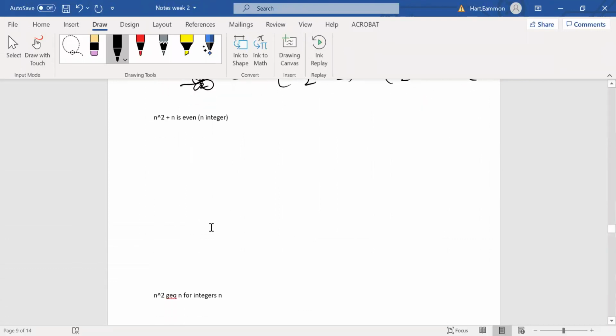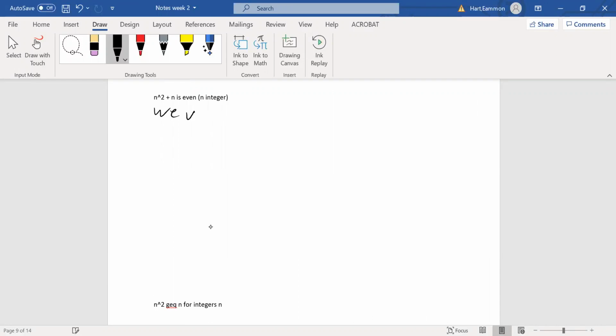So what if we want to prove that n squared plus n is even for an integer n? Well, in this case, we're also going to do the odd and even cases. So we will prove the statement for n odd and n even.